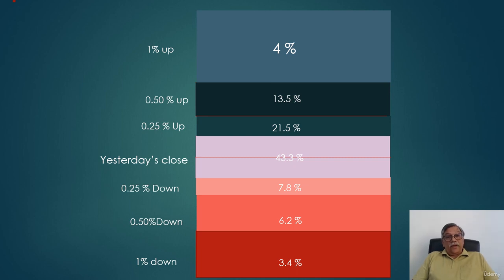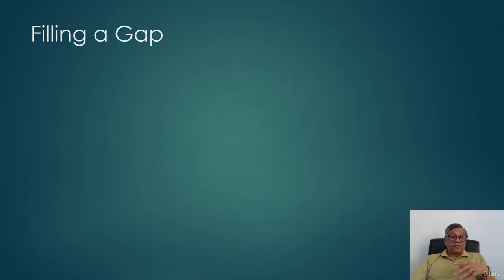Understood this? Of course, this also shows that only 43% of the times the gap is within the plus or minus 0.25% range. Usually it is more than that. For 56.7% of the times the gap is more than that. Opening gap, right? Again, it may be a partial gap, it may be a filled gap.